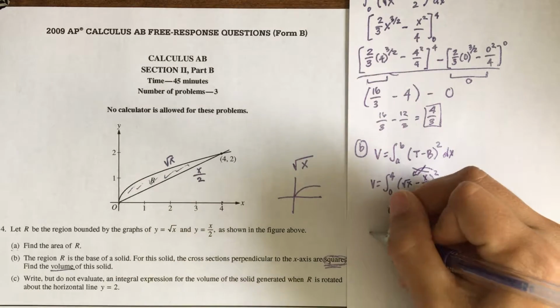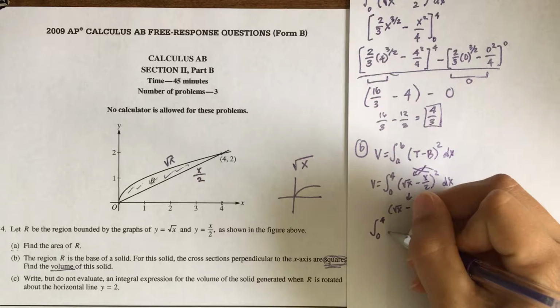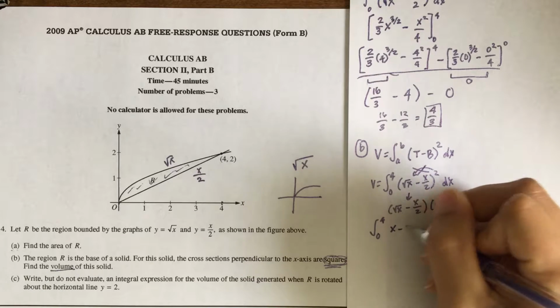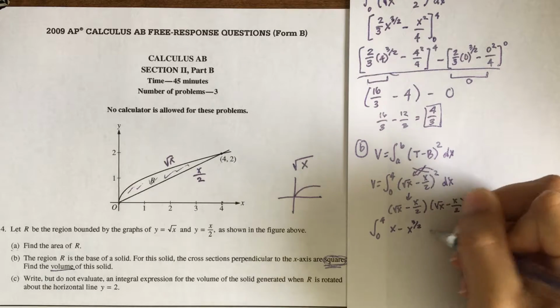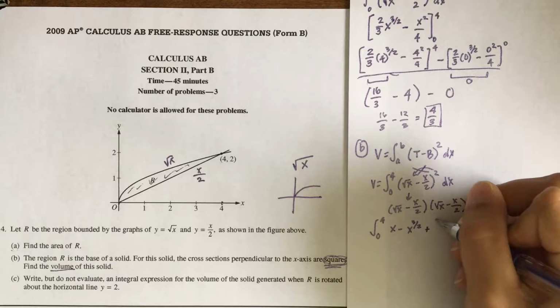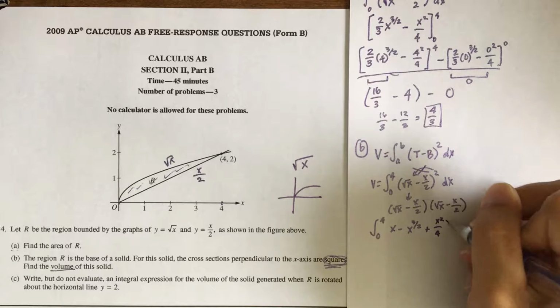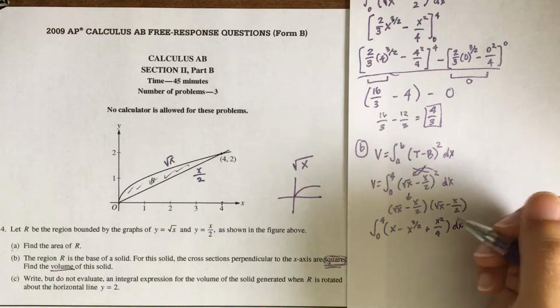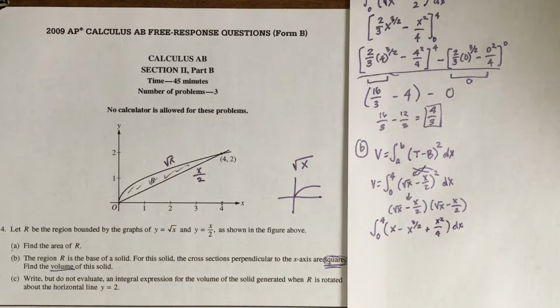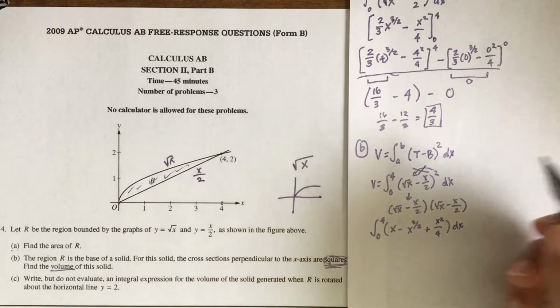And once you do this, you end up getting x minus x to the 3/2 plus x squared over 4 dx. So again, you take the integral of each one.